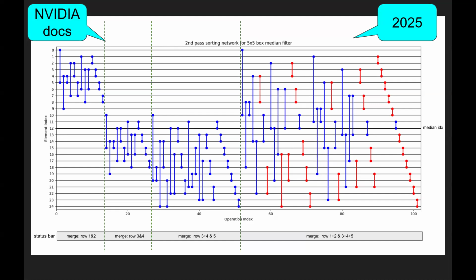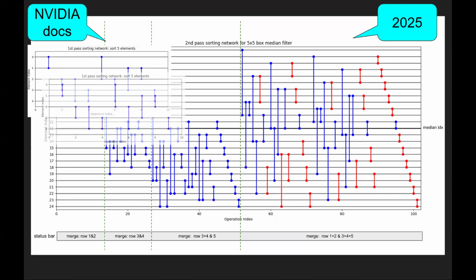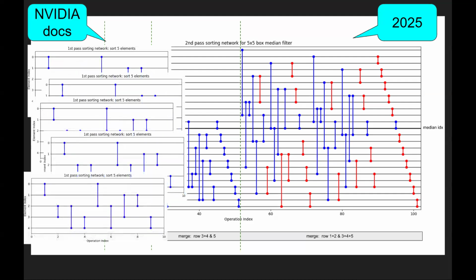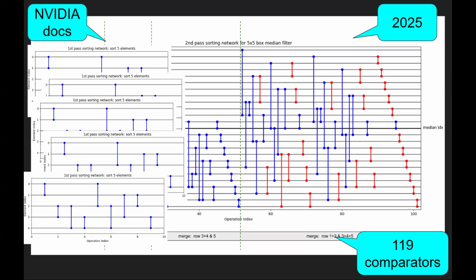I was worried, maybe they already solved this problem. But then, no. You have to also add 5 instances of this network before. What is this network? It's a 5 sorter. So they take the 25 inputs, divide them into 5 groups of 5. Each of them you have to sort, and then you use this other network. And so you get in total 119 comparators. And, okay, I don't know.